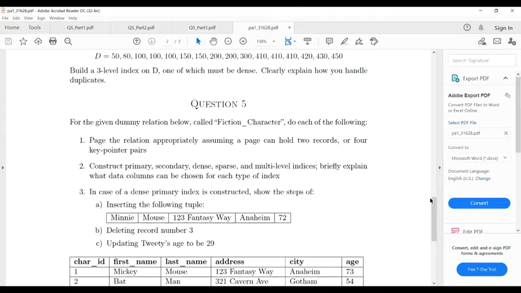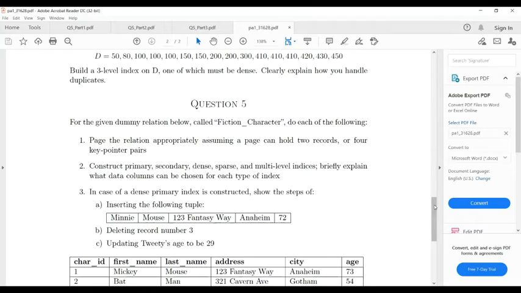This page will hold up to 4 key pointer pairs, as we know the index consists of 2 columns. The first column is the key, which is maybe the search key or the primary key or the candidate key, and the pointer, which here points to the address of our key in the data files on the hard disk. Perfect. So the first part of the question is very straightforward.